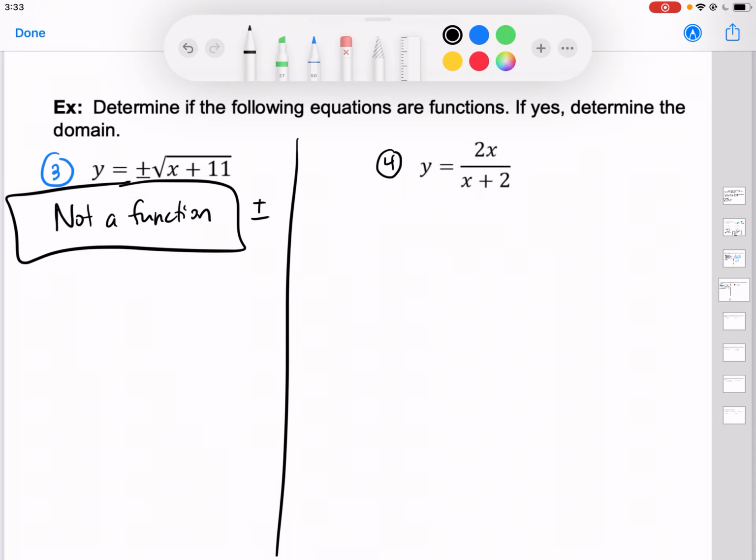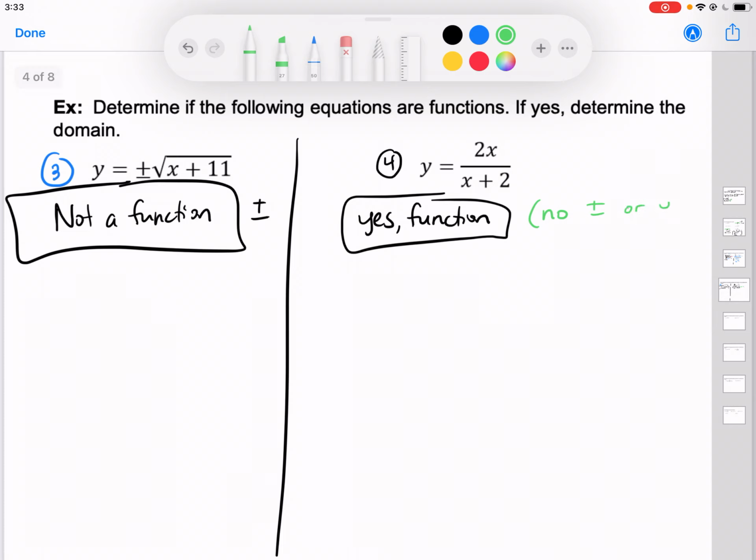Example 4 is a function. And the reason, just in case you want to remind yourself, is there's no plus or minus or a y squared in our equation, so we know it's a function.